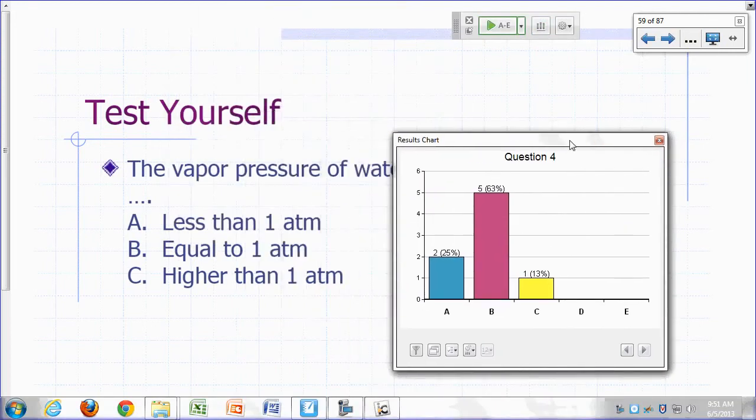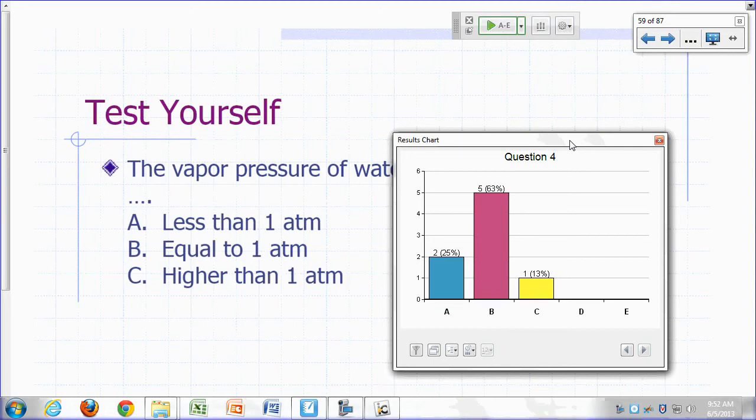What did we say happens to vapor pressure as you raise the temperature? It increases, right? And once the vapor pressure reaches 1 atmosphere, that's when it starts to boil. So at what temperature does the vapor pressure of water reach 1 atmosphere? At what temperature does water boil?